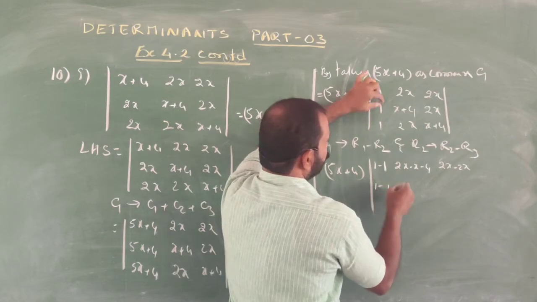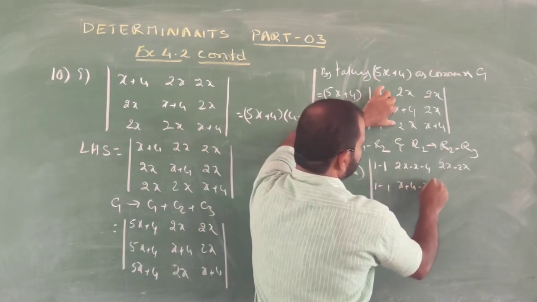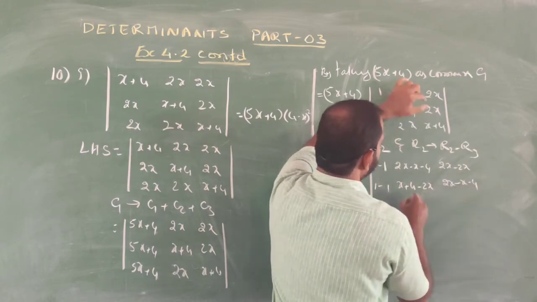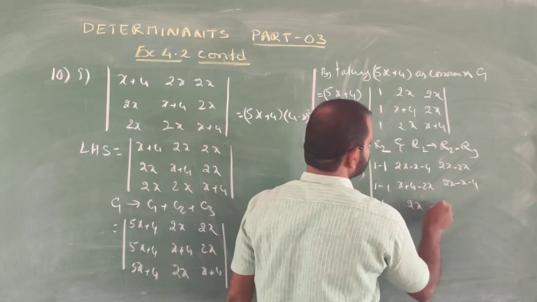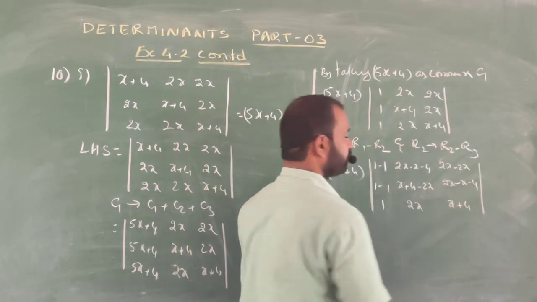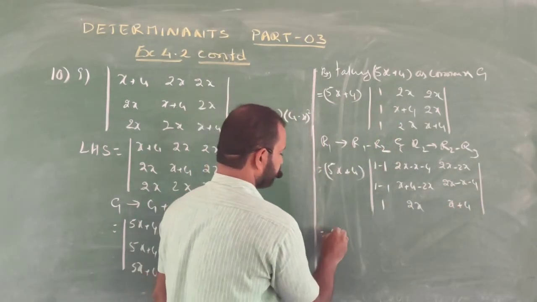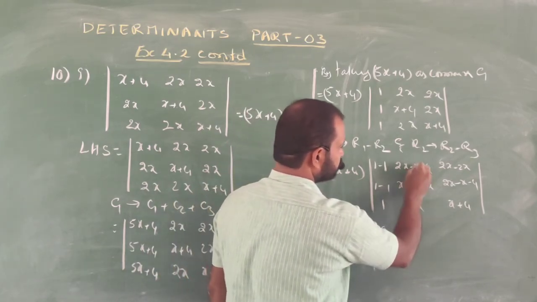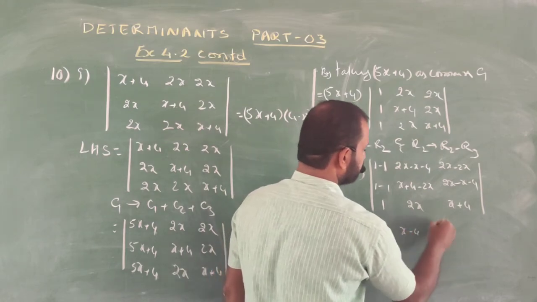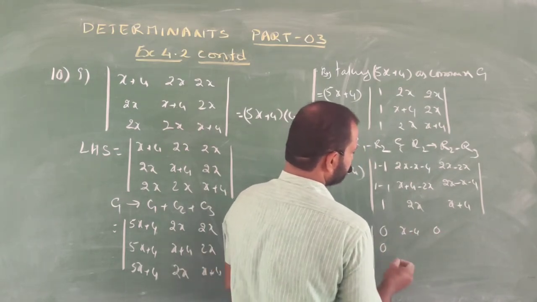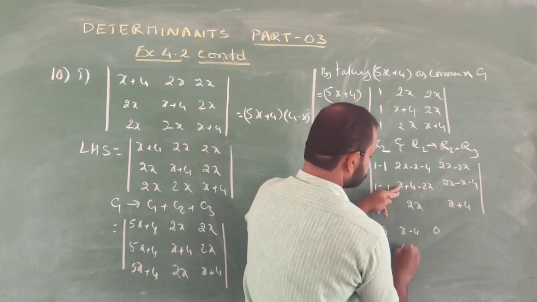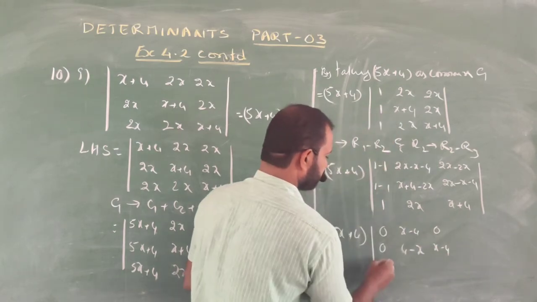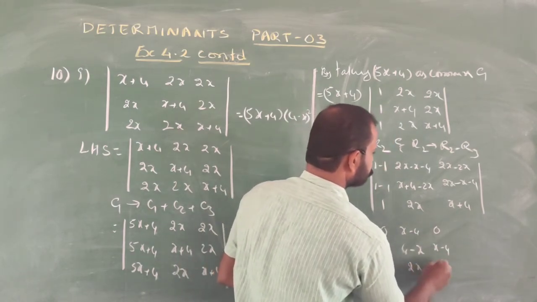Here 1 minus 1, x plus 4 minus 2x, 2x minus x minus 4. This gives 0, 0, x minus 2x, this is 4 minus x and this is x minus 4, and the third row 1, 2x, x plus 4.